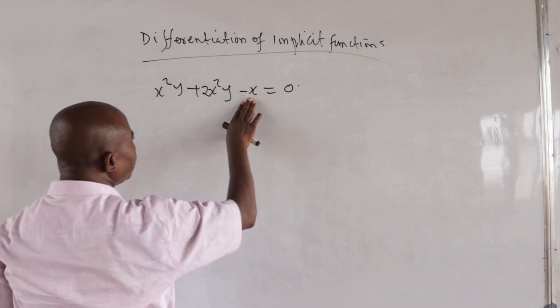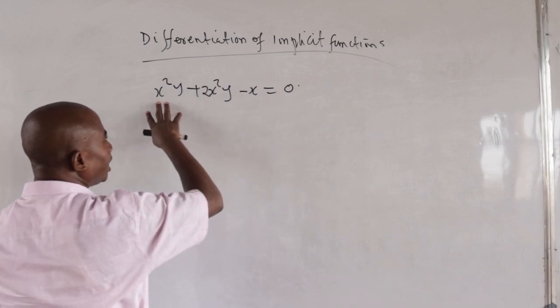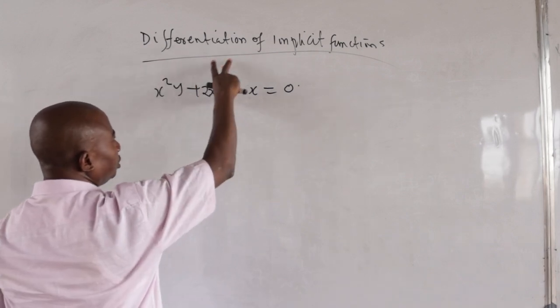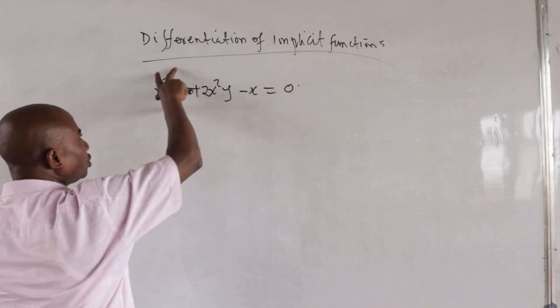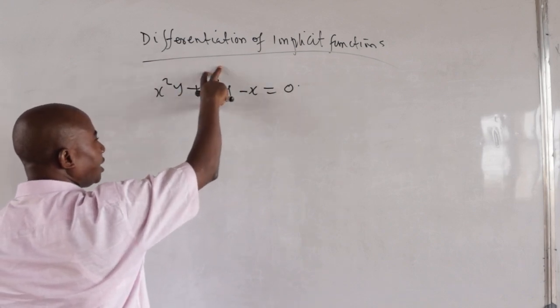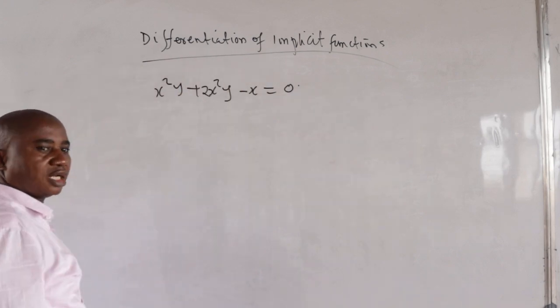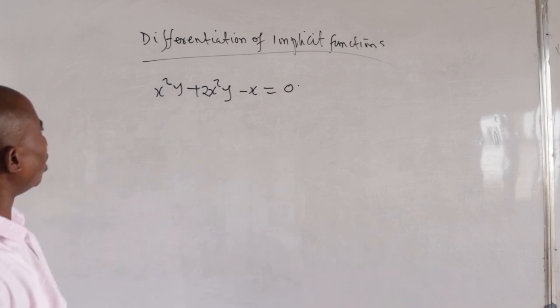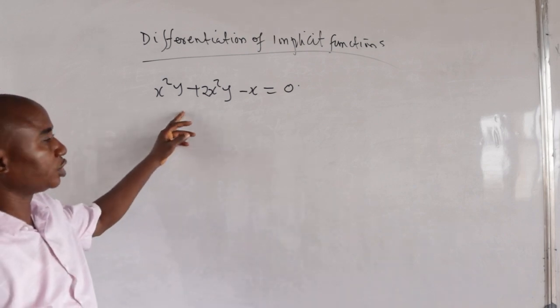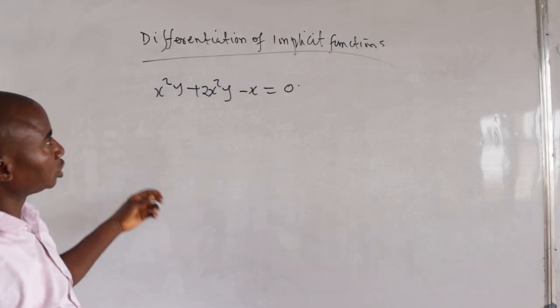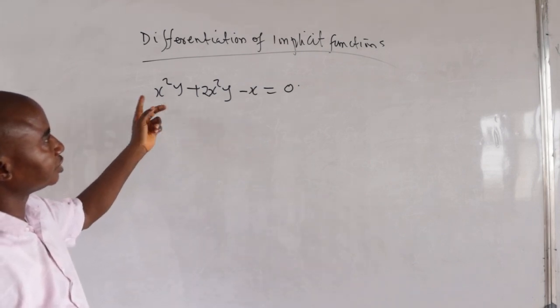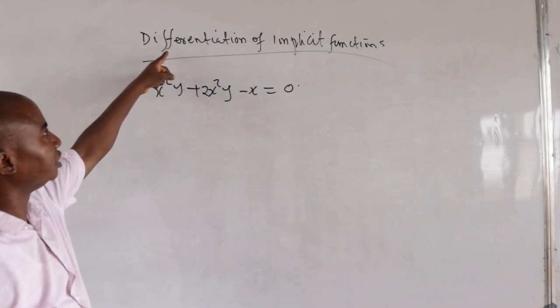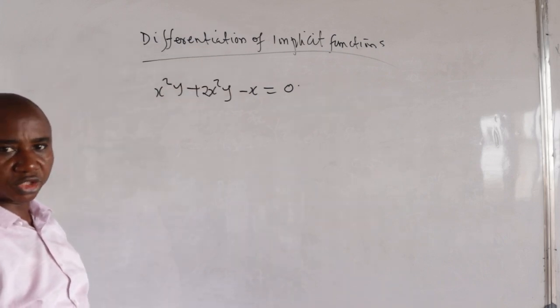So when we deal with them, we apply two rules. First, the sum rule. Second, we apply the product rule here and here. And then we combine the results to get the final result of the derivative of the function with respect to x. Such a practice is what we mean by differentiating implicit functions.